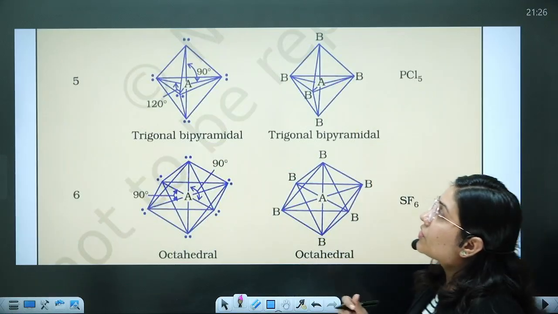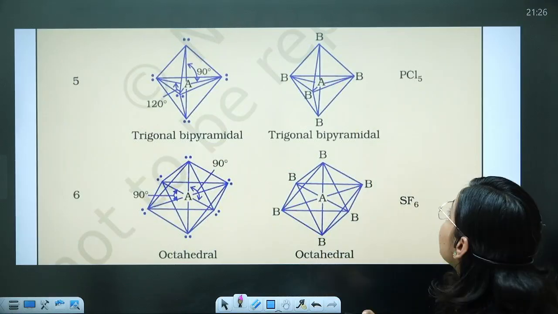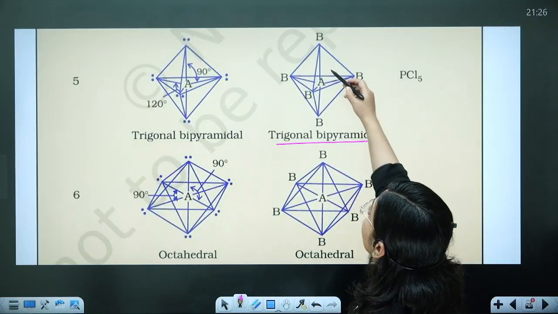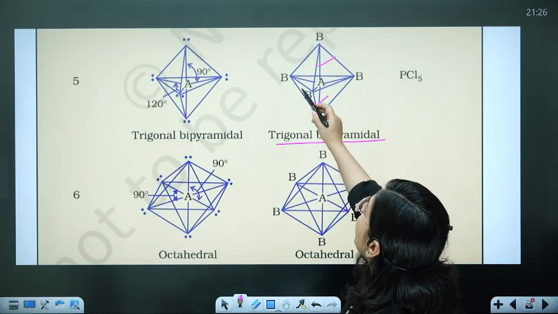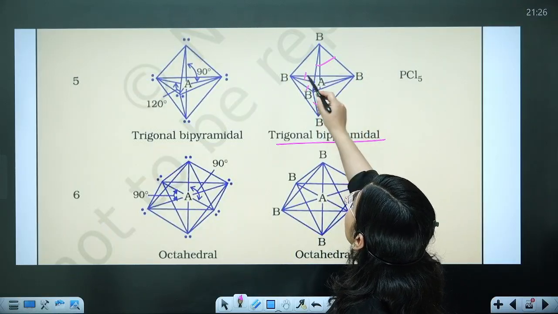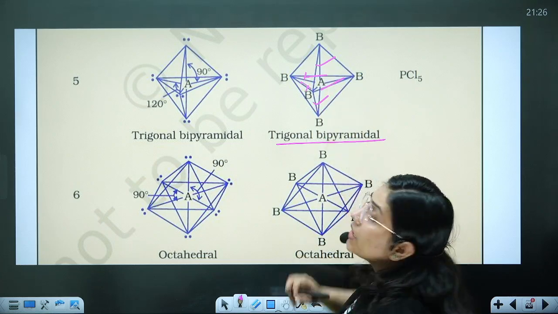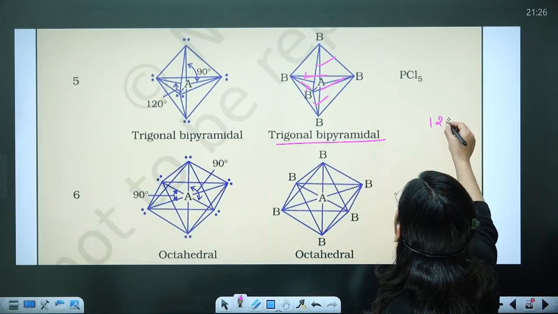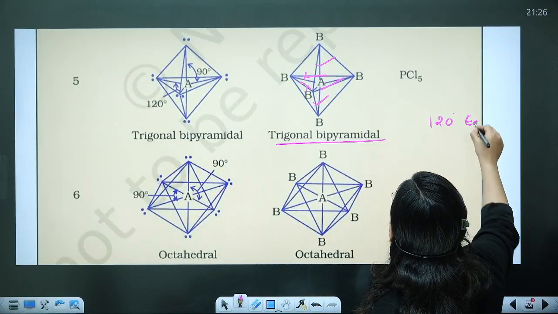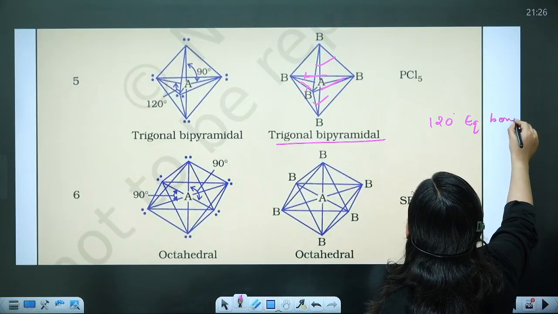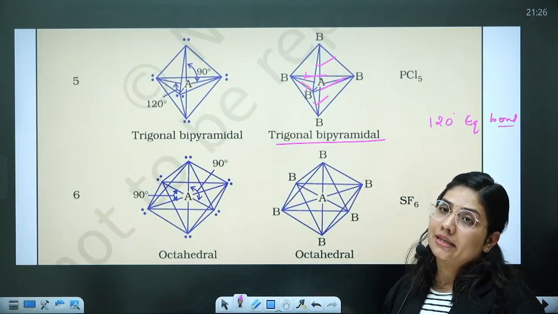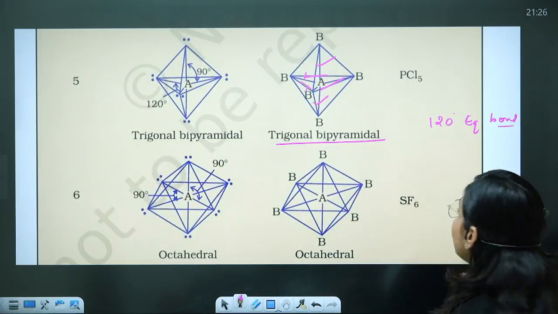Come to the next structure. The next structure is of PCl5. Here it is trigonal bipyramidal. There are two axial bonds and three equatorial bonds, this one and this one. Equatorial bonds have an angle of 120 degrees with each other, and the axial ones are having a 90 degree angle with the equatorial ones.